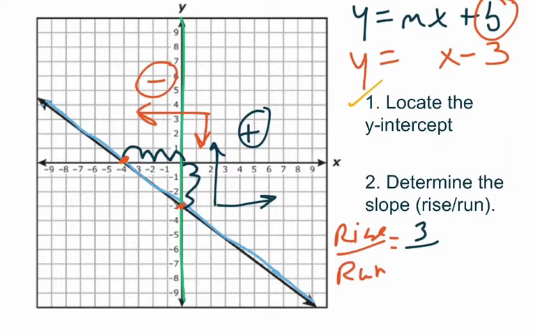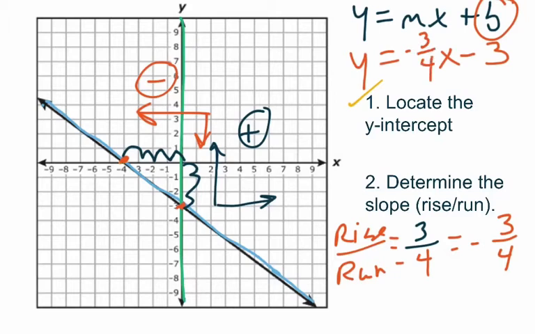So we moved over 4 spaces to the left, so that means we moved -4 spaces, which makes our slope, without any simplifying, -3/4. So the equation that we would have here is y equals negative 3/4 x minus 3. That is the equation that has been graphed here.